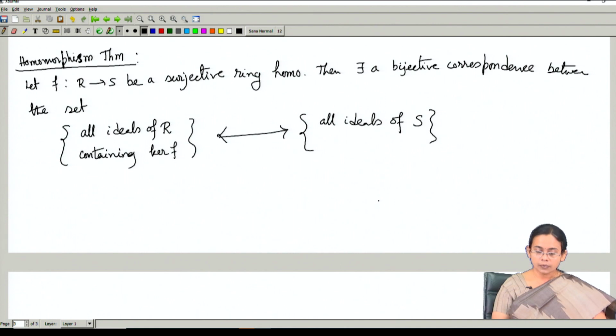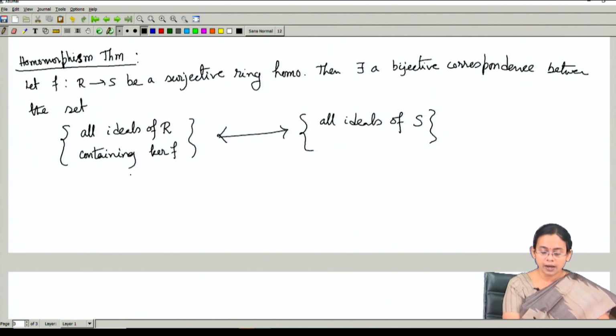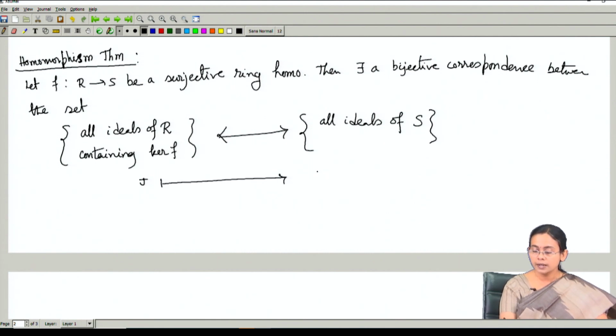First of all, I have to define a map which, if you start with an ideal J in R, gives you an ideal in S. How do I produce an ideal in S?